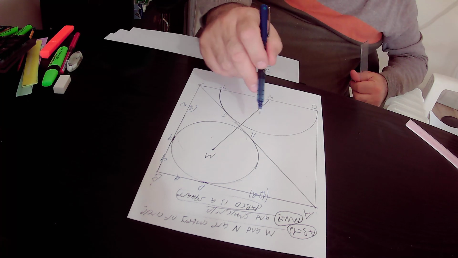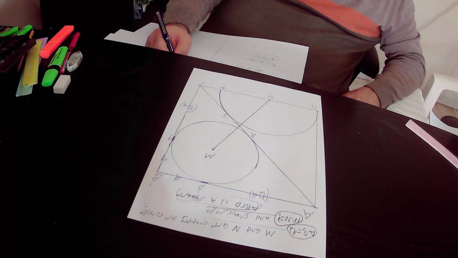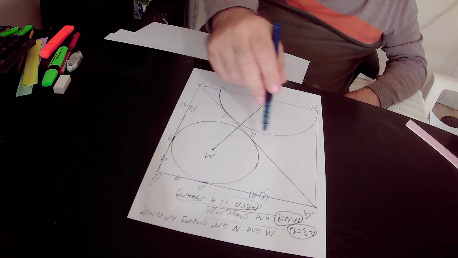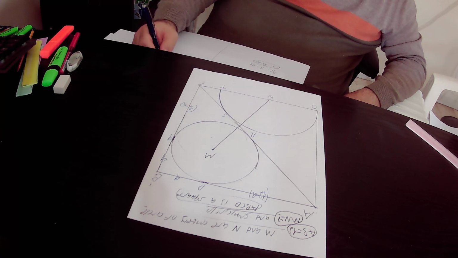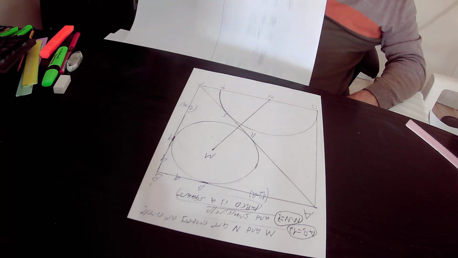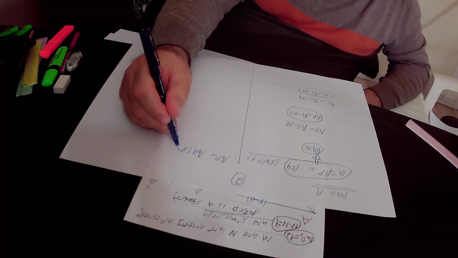The first tangent is tangent AP. The second tangent to this circle from point A is tangent AR. And according to rule number 1, AP must be equal to AR.